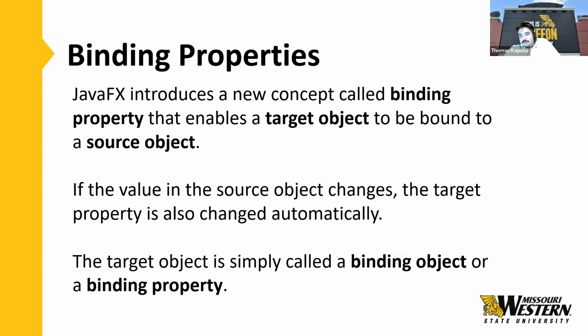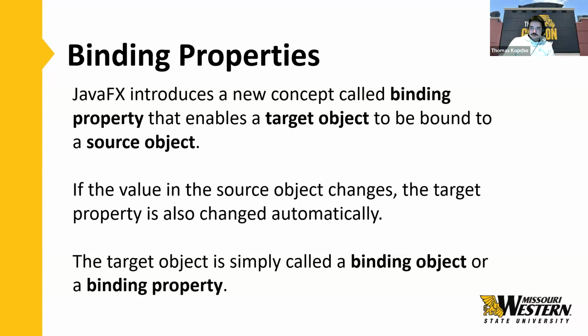It leads to cleaner code because it reduces boilerplate of event listeners and manual synchronizations. It's kind of like a reactive programming approach, right? It encourages thinking in terms of data flows where one property depends on another. So the source object is the object whose property value you want to watch.